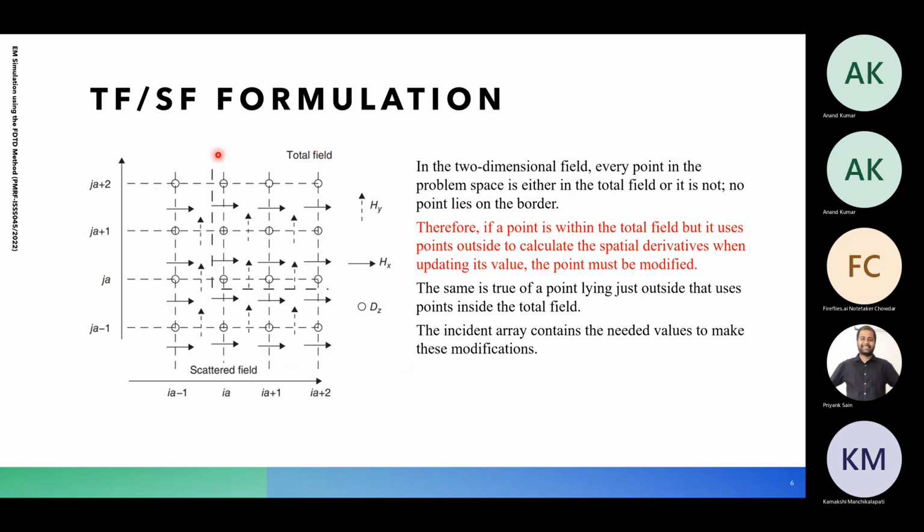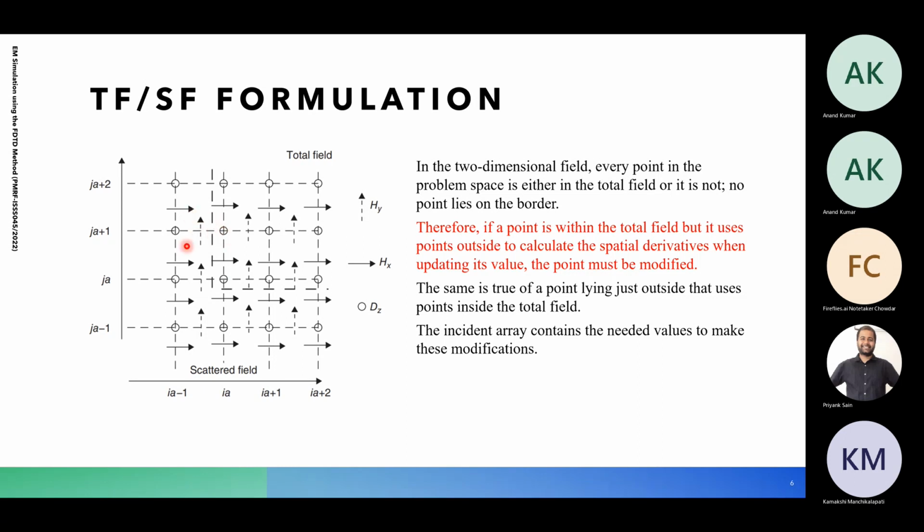In this formulation, some nodes lie near the boundary of the total field and scattered field, and these nodes will be updated by the neighboring nodes, some of which lie inside the total field and some outside the total field.